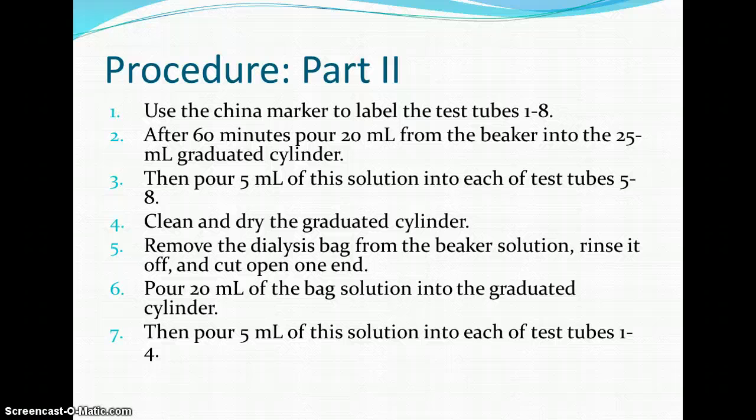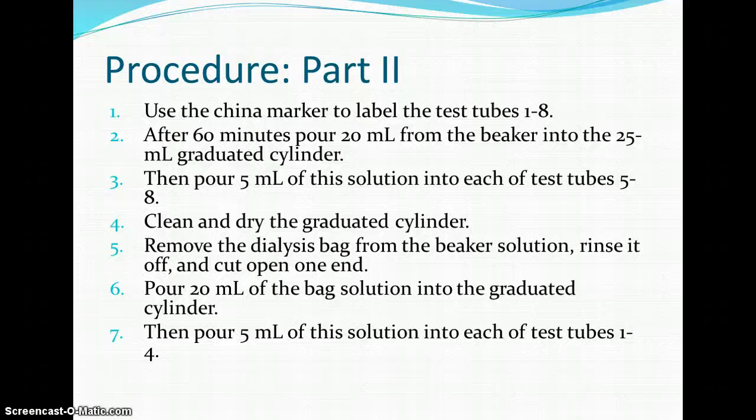So part 2 of this procedure, we labeled test tubes 1 through 8, and we poured 20 milliliters from the beaker into a 25 milliliter graduated cylinder, and we divvied up 5 milliliters of the fluid into each of the test tubes labeled 5 through 8.